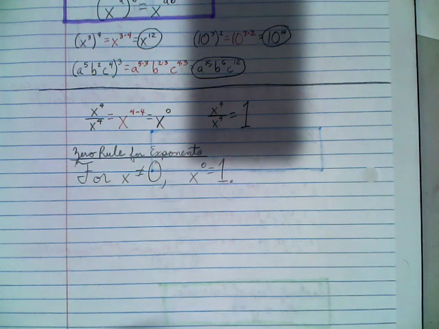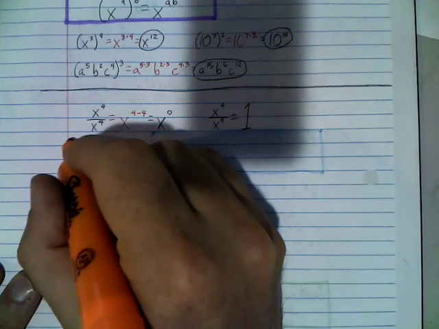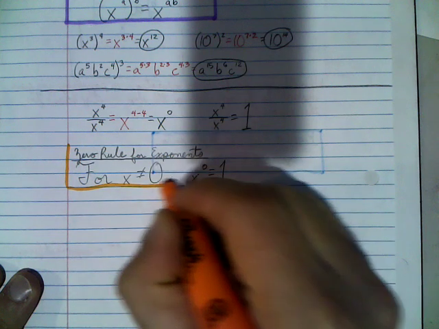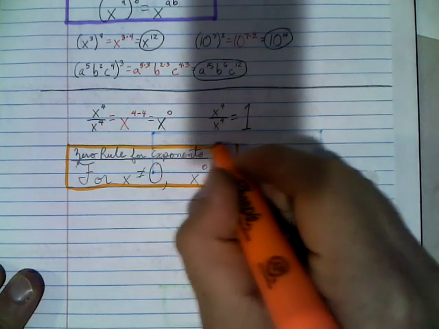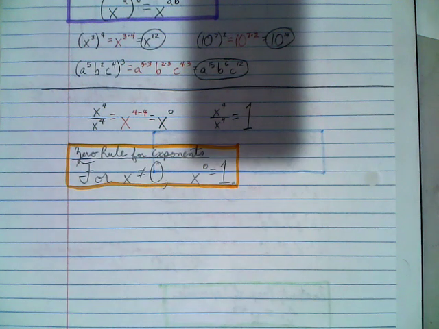So grab another color highlighter here. I'm going to go with my orange this time. You don't have to go with orange. Normally if I do orange, you're supposed to match me, but this time you get a choice. Just grab a new color. All right.